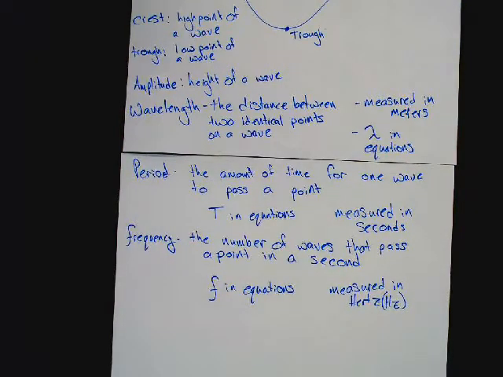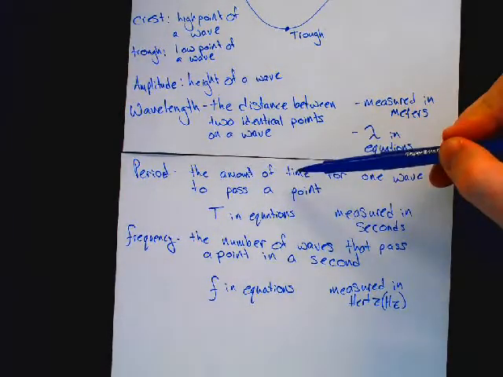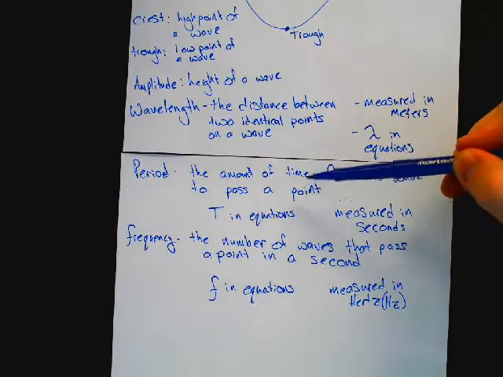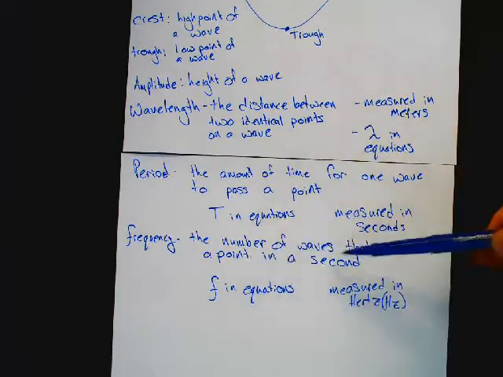All right, so using those three things, one of the individuals in fifth hour was able to point out that they sound kind of like opposites of each other. And in sixth period, one of them pointed out that one's paying attention to an amount of time for one wave, and the other is paying attention to an amount of waves in one piece of time. So yeah, they're kind of opposites of each other, or inversely related.